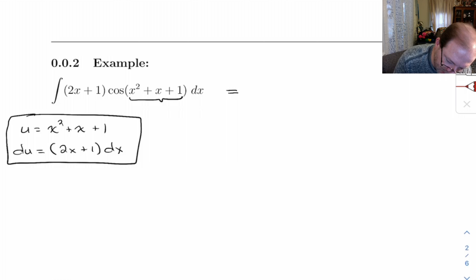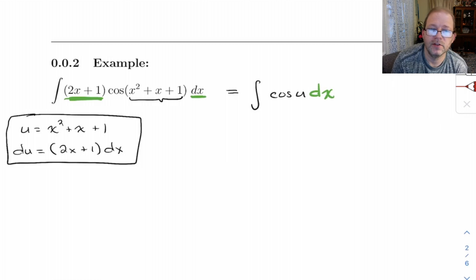That step's not always necessary. Reason is, inside of here again, I want to make sure everything over here makes it into my new integral. Now, the cosine of x squared plus x plus 1, that just gets replaced with cosine of u. And then the 2x plus 1 times dx, that just gets replaced with du, not dx.